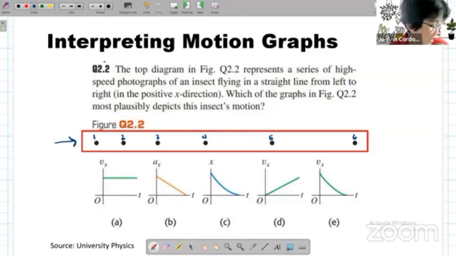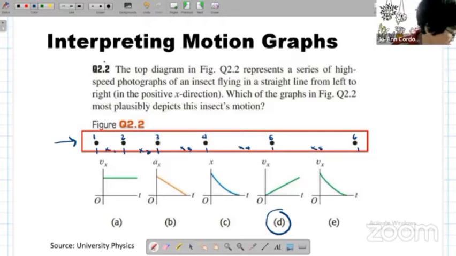So ano po yung napapansin natin? What we notice is that if you will look at this graph, you will see that what's happening is you have an increasing distance, di ba? Okay, so this one is x1, this one is x2, this one is x3, this one is x4, this one is x5. So therefore, okay, so sabi nyo ay D. Okay, so ang sabi dito ay D. Pasensya na, may konting delay pala sa ating FB Live, kaya hindi sila masyadong nakakasagot.